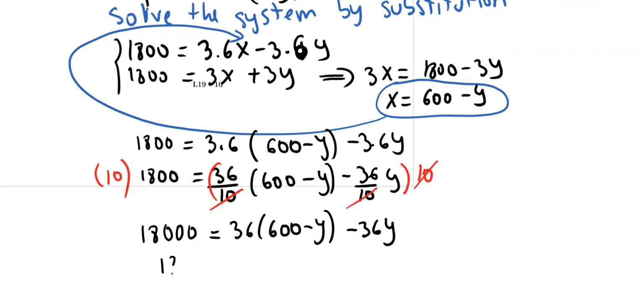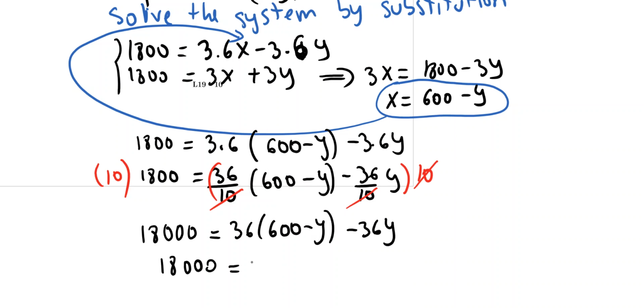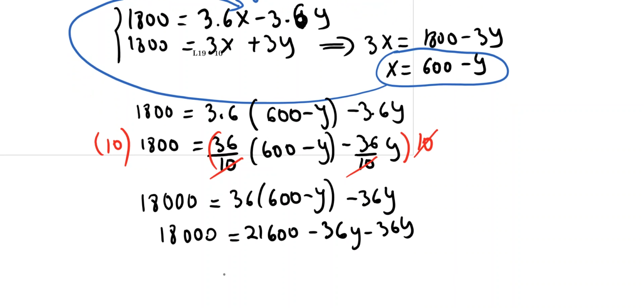So then finally we get 18,000 equals 36 times 600, which is 21,600, minus 36y minus 36y. Subtract 21,600.